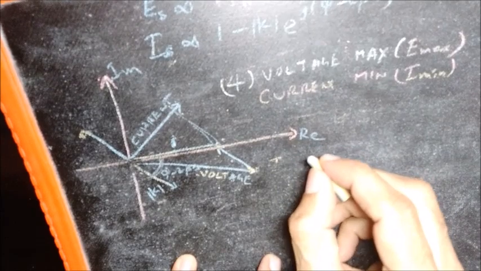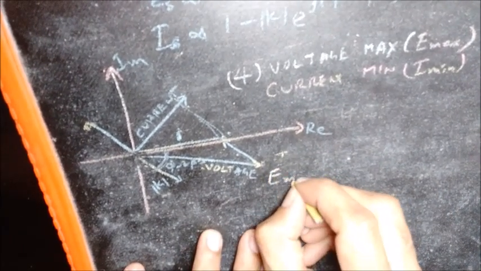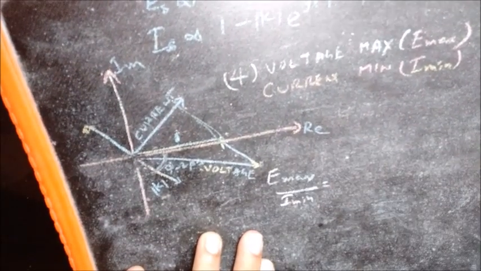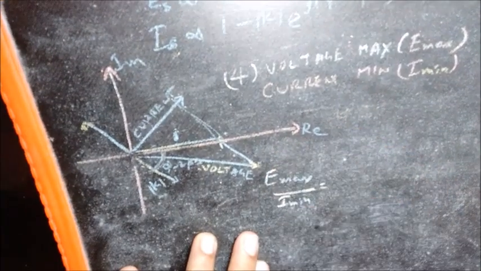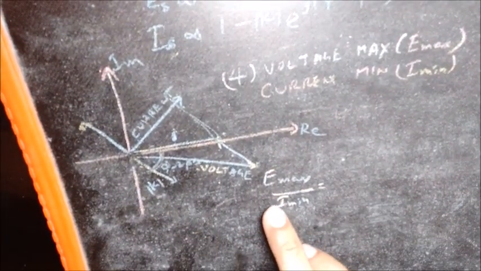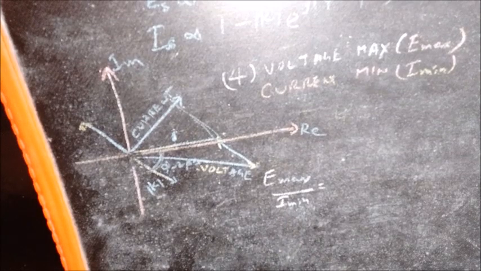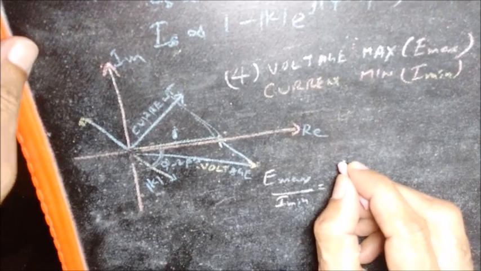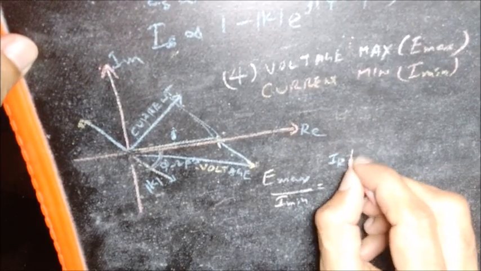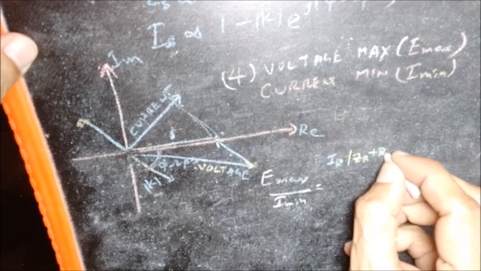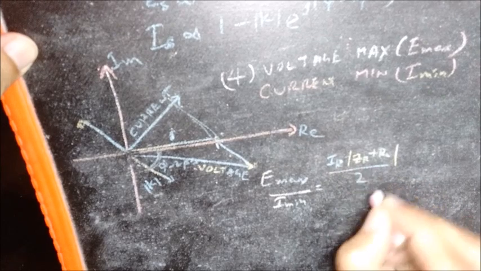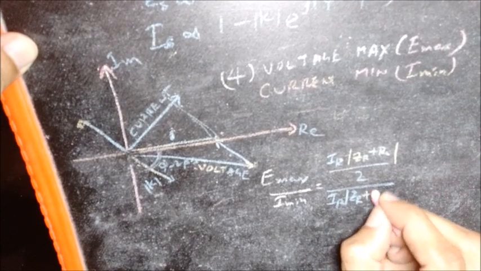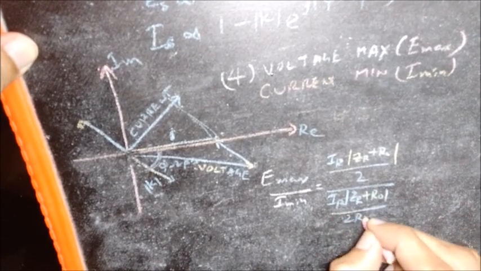And Emax by I min, remember, is the maximum amplitude of the voltage waveform divided by the minimum amplitude of the current waveform. That will be IR magnitude of ZR plus R naught by 2, divided by IR magnitude of ZR plus R naught by 2 R naught.